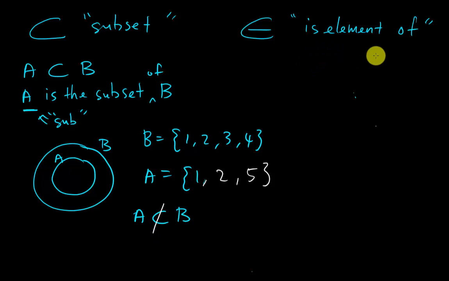Alright, and how about this one? It's element of. Normally, how do we use it? It's very simple. If I say B is 1, 2, 3, 4, that means 4 is an element of B, because 4 is inside B, isn't it?